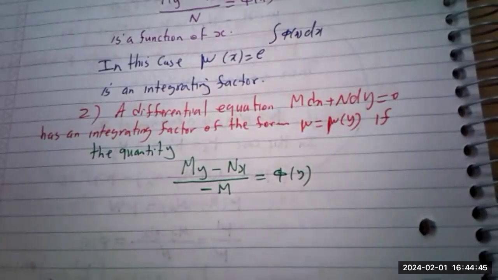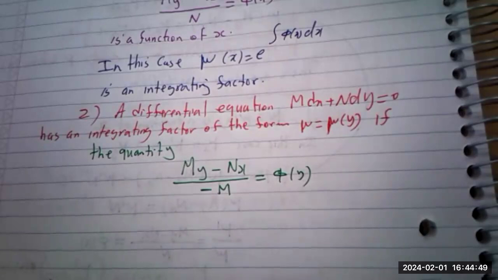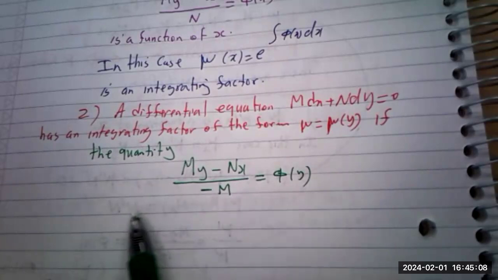That's easier to remember. The top is the same, but for the first one you divide by N. If it's not working, you go back and divide by negative M. So 2 conditions. In this case, it must be a function of y. If it's equal to a constant, you can call it a function of y, because that's the second case, okay?